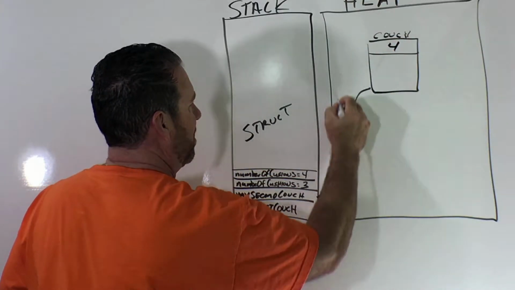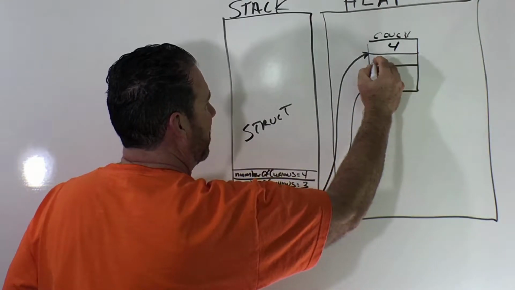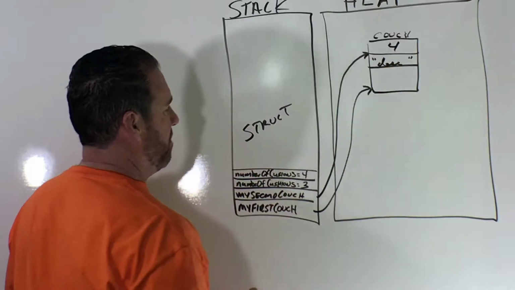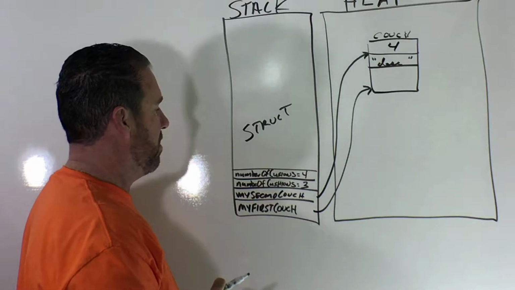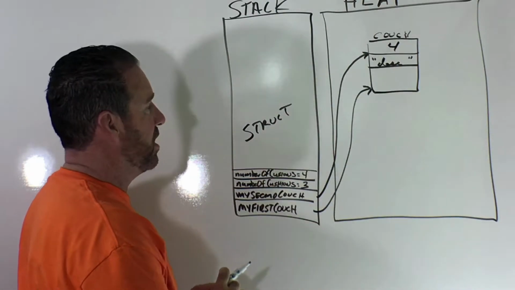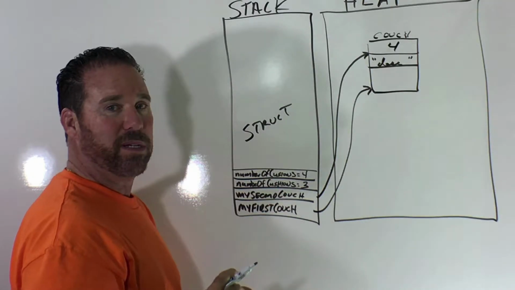And you know, there's like a little description in here. Okay, and they both point to it. All right, so there you go. That's what happens, and that's when this gets changed. They both get changed.